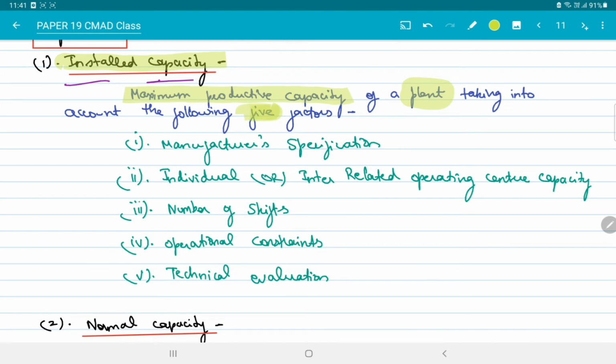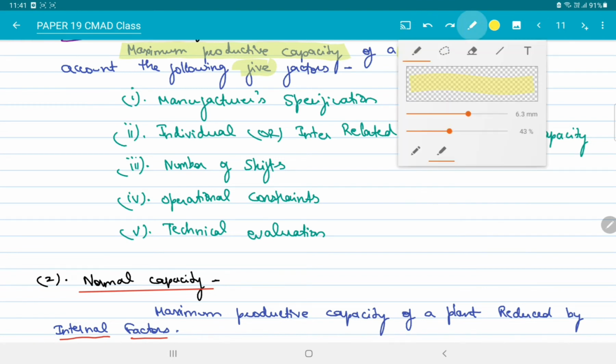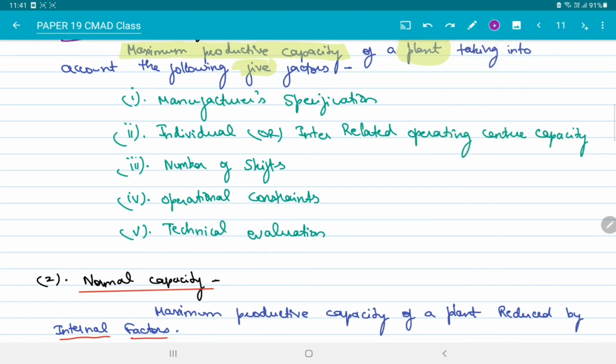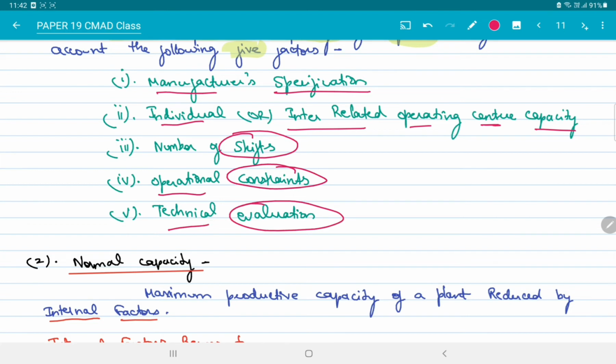The 5 factors are: manufacturer specification, individual or interrelated operating center capacity, number of shifts, operational constraints, and technical evaluation.